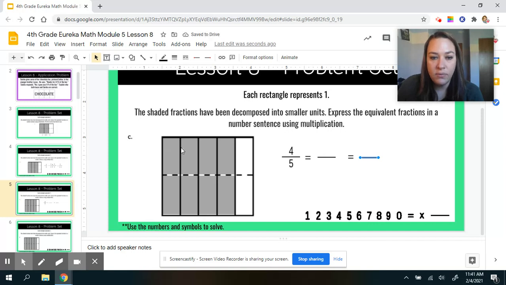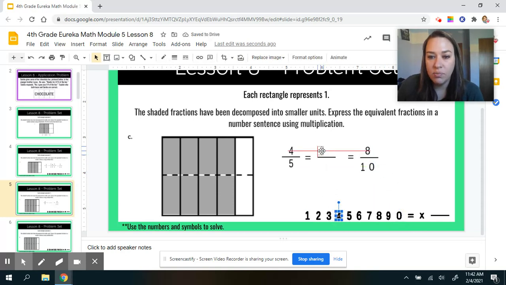Now we have 2, 4, 6, 8, and we have 2, 4, 6, 8, 10 total. So we decomposed and made an equivalent fraction of 8/10.